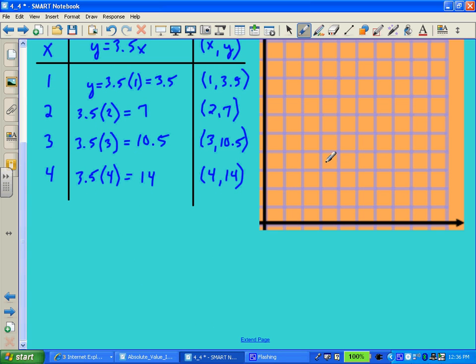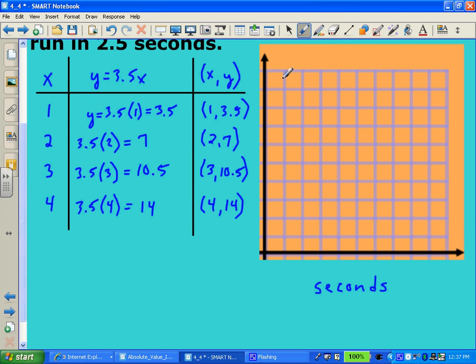So then on my graph, one thing that's a little different about story problems, I have to label my axes. It's very important that I do that. So x, remember, stands for seconds. That's going to be on my x-axis, and y stands for the distance the mouse can run. So I'm going to put distance over here on the y-axis.